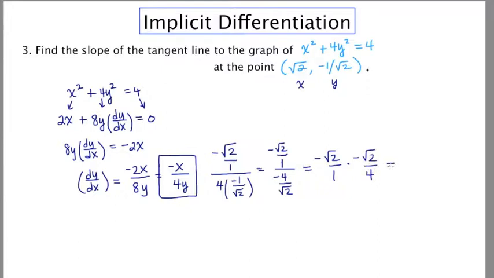The product of two negatives is a positive, so we've got 2 over 4, which reduces, of course, to 1/2. 1/2 is the slope of the tangent line at this specified point.